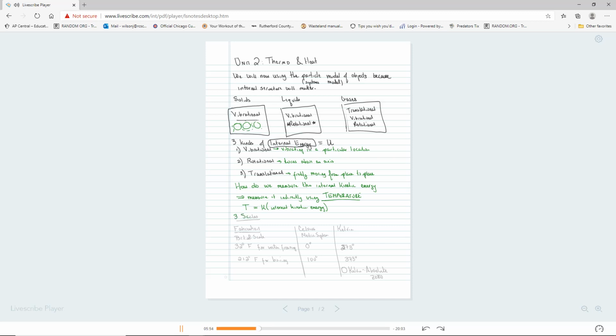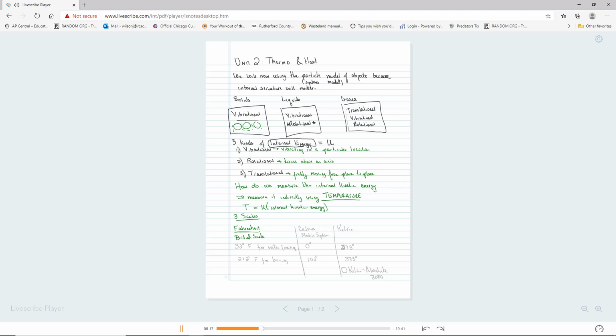So we have 3 temperature scales. We have Fahrenheit. This is the British Imperial. And what is freezing point? What is the freezing temperature? Like we say below freezing when it gets cold.